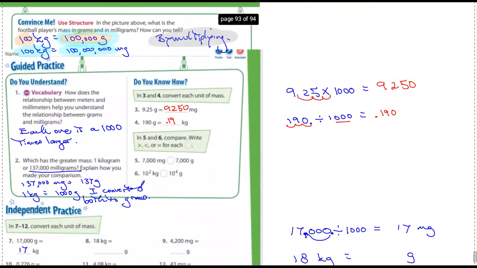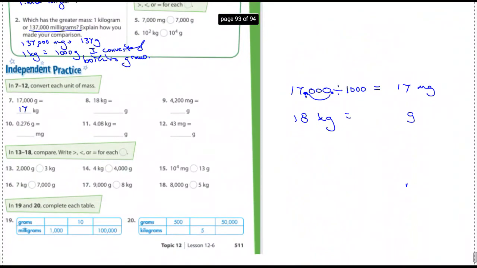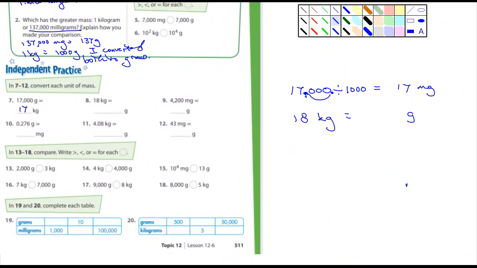You can always refer back to that. So 18 kilograms times 1,000, that's going to be simply 18,000 grams. Okay, let me see you guys give me the answers, or at least be prepared to answer.